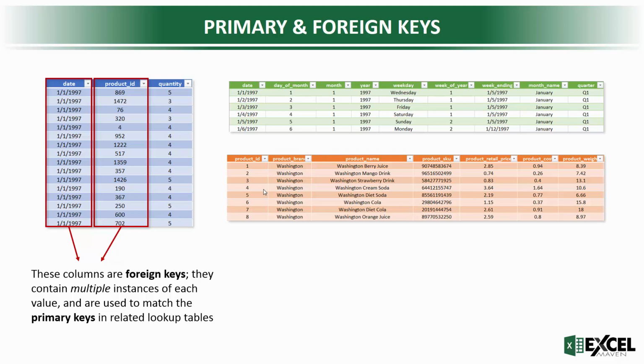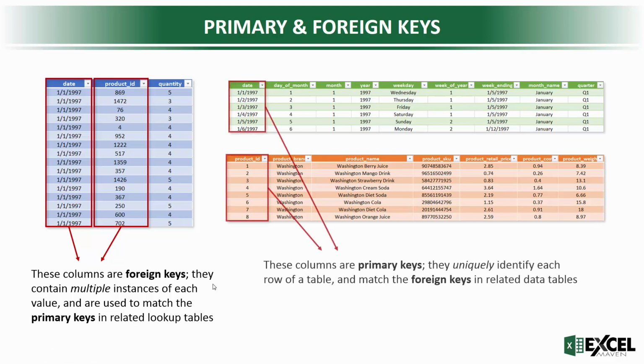They're keys because they're the columns that match to the lookup tables, and they're foreign because they contain multiple instances of each value. So think about it. There are multiple transactions per day, so the date column won't be unique, and there are multiple transactions by product, so the product ID column won't be unique. So these foreign keys are used to match to the primary keys in related lookup tables.